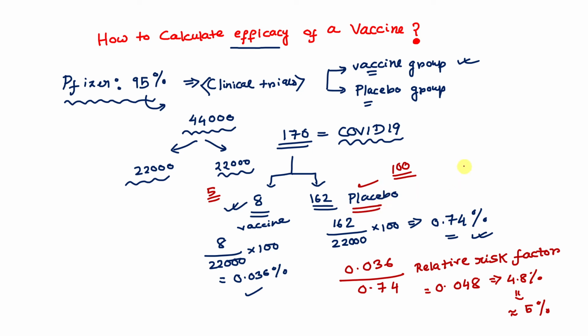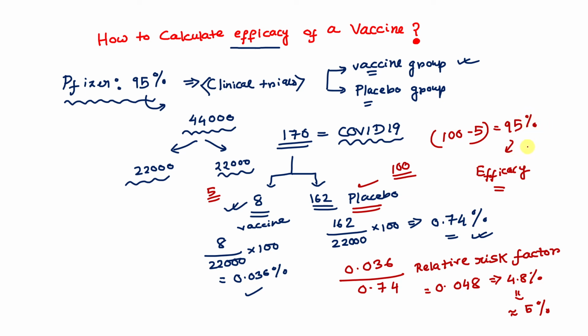Now if you subtract this 5 from 100, so 100 minus 5, you will get 95, which is called the efficacy of that COVID-19 vaccine. So what does this 95% mean?